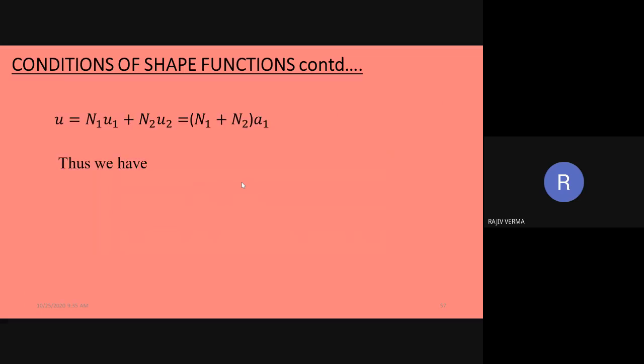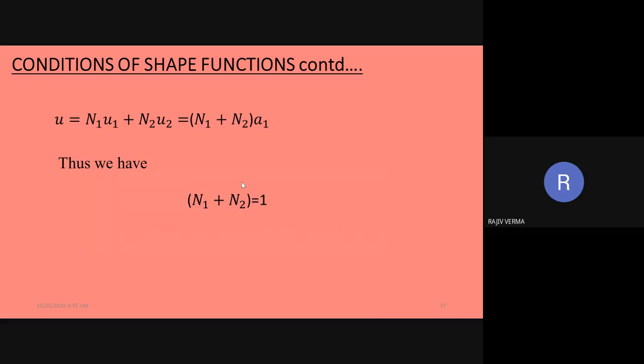Which basically gives us N1 plus N2 is equal to 1. N1 and N2 obviously are the two shape functions. They are linear polynomial expressions in terms of x, and the summation of these two is equal to 1.